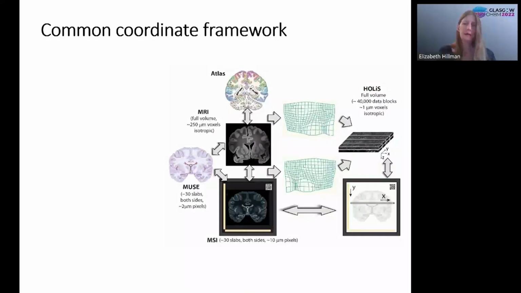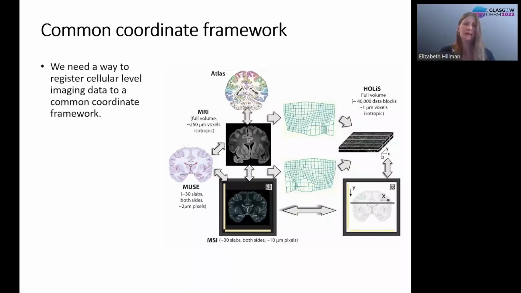Then, of course, the last part that's really important is that we put this onto some kind of common coordinate framework, because we want to be able to take the cellular level data and project it back onto things like standard atlases, and also project standard atlases down onto our data set. In order to do this, we're going to be taking intermediate scale images of these cassettes that are going to be easily registered.